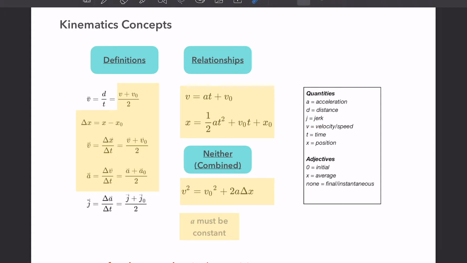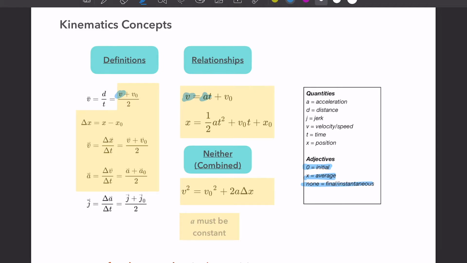Now notice for velocity or speed in these cases, I used and referred to three different adjectives: initial, instantaneous, and average. Initial and average are pretty straightforward in terms of what they mean. There can be a little bit of confusion about what a variable means, for example, this v and this a, when there is no subscript.